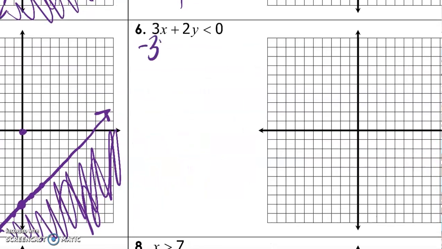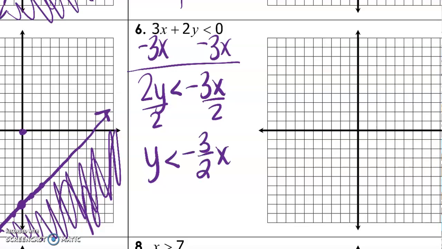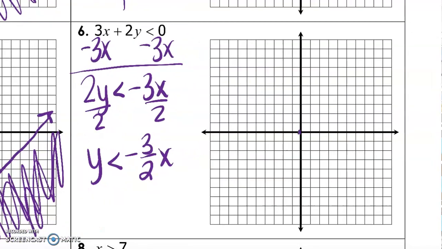Number 6, subtract 3x. 2y is less than negative 3x. Divide by 2. y is less than negative 3/2 x. So that means I need to start at 0, 0, down 3, right 2, up 3, left 2.